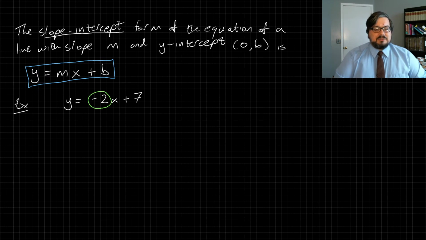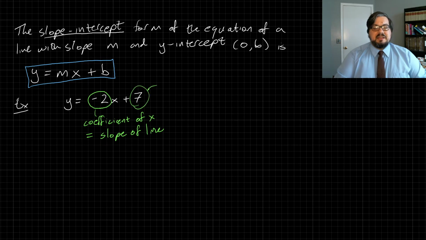So this -2 here is the coefficient of x, and that's also going to be the slope of the line. The constant term is the y value of the y-intercept.